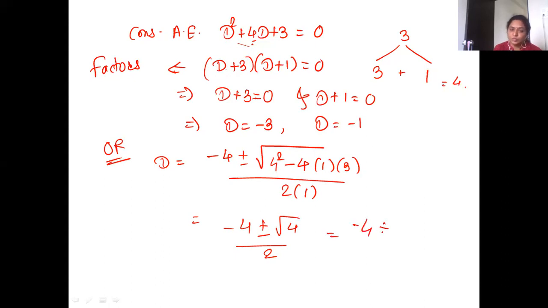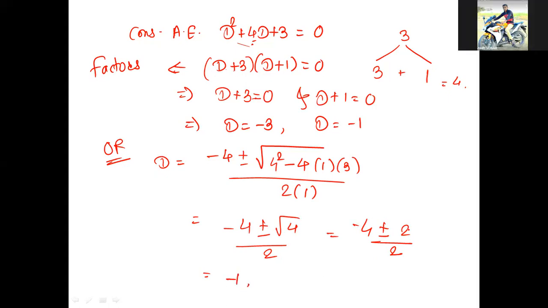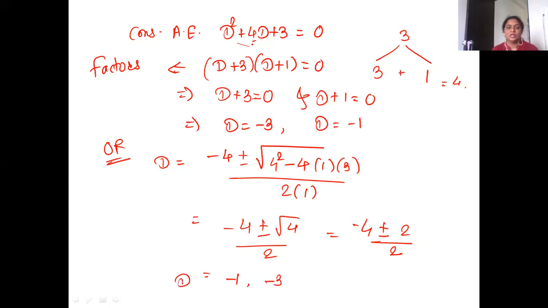Root 4 is 2. First is plus and then minus. Minus 4 plus 2 is minus 2 by 2, which is minus 1. And minus 4 minus 2 is minus 6 by 2, which is minus 3. So we can get it by the second method, or by calculator. Bring out your calculator. This is what we are going to follow.